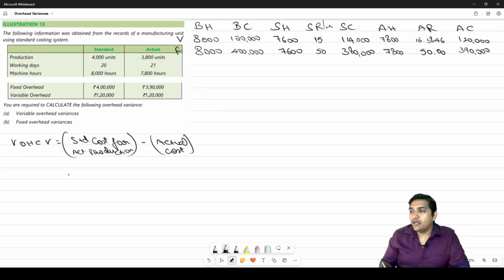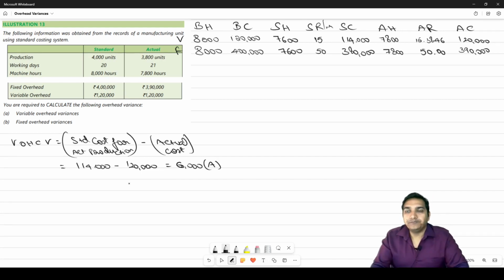What is my standard cost for actual production? It is nothing but my standard cost, 1,14,000, minus actual cost, 1,20,000. How much do I get? 6,000 adverse.